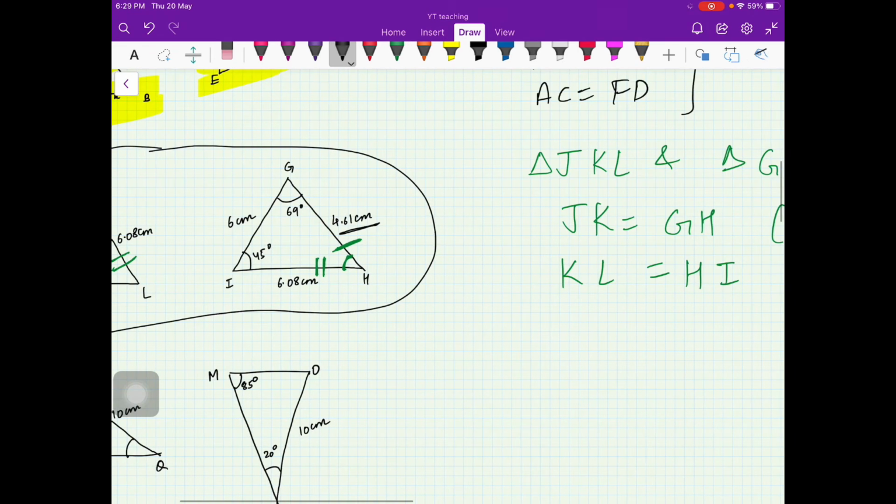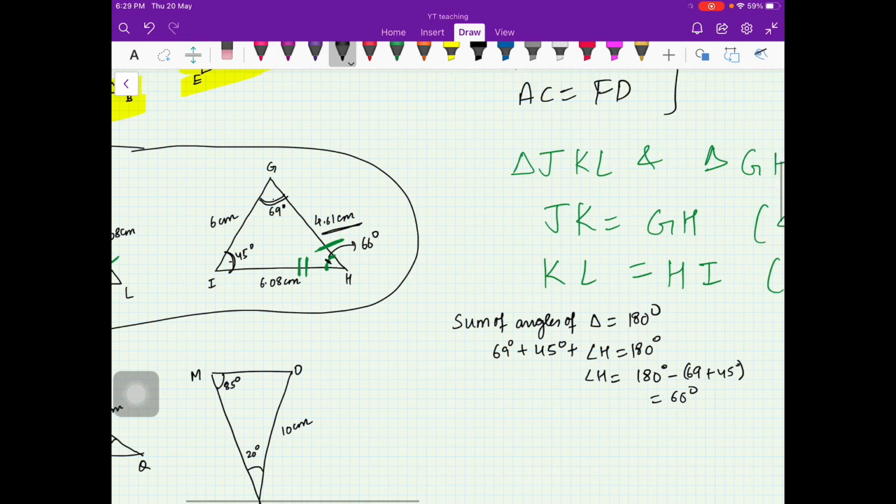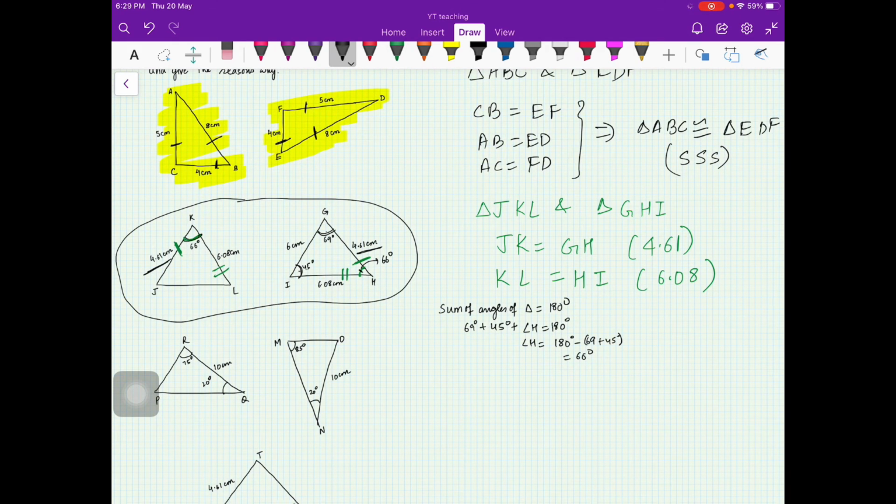For that, I will use the fact that the sum of the angles of a triangle is 180 degrees. So 69 degrees plus 45 degrees plus angle H is equal to 180 degrees. So angle H is 180 degrees minus 69 plus 45 degrees, which is 66 degrees. Now look at the picture again. You have this angle of 66 degrees.